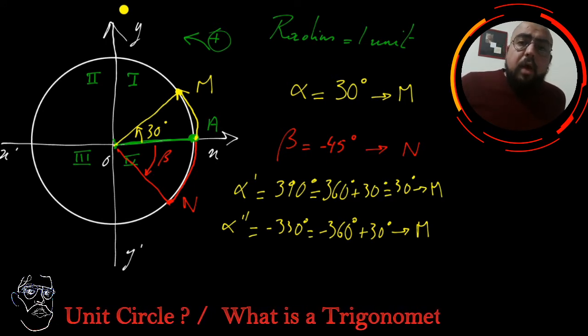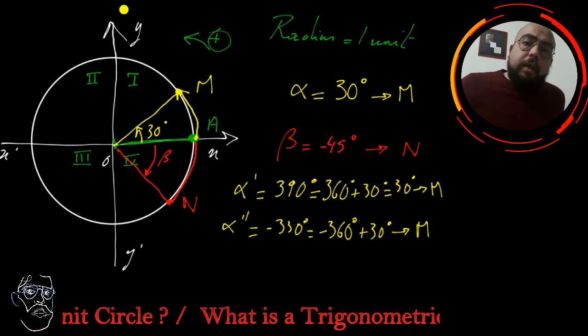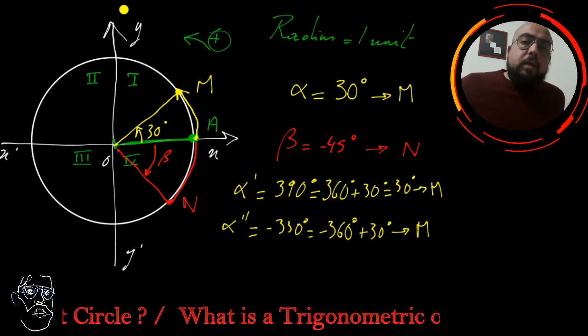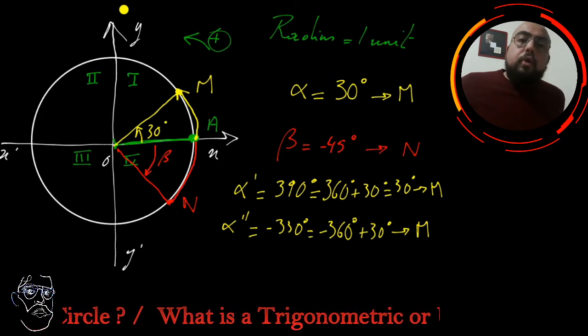Now, whenever you have a certain angle which is higher than, let's say, 180 or higher than 360, you can find the principal value.